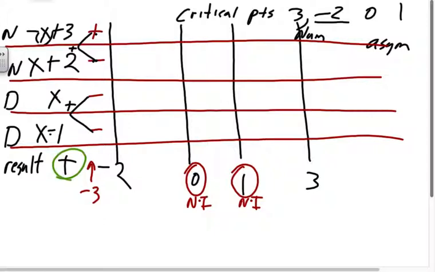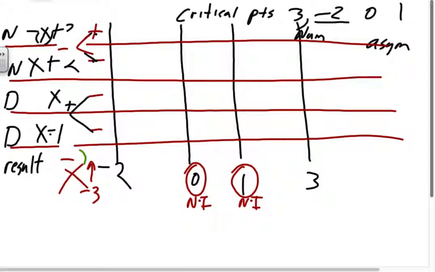So anything less than negative 2, whoa, I messed up. Came out of nowhere. A positive times a negative gives me a negative. So this is going to be a negative. Negative divided by a positive is a negative, so I know this interval right here is not included in what I'm doing.